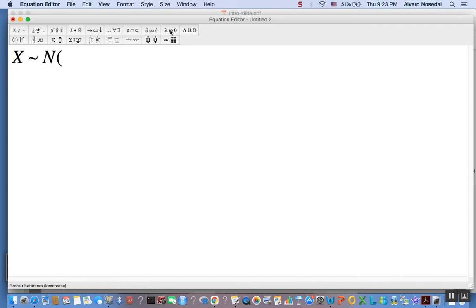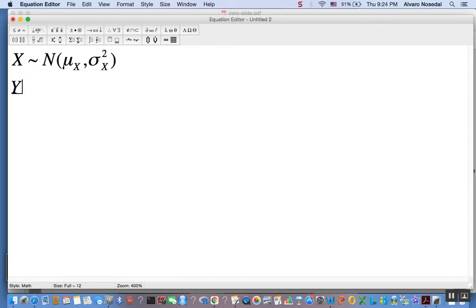Let me use mu sub X to represent its mean, and I'm going to be using the following notation for its variance: sigma squared sub X.